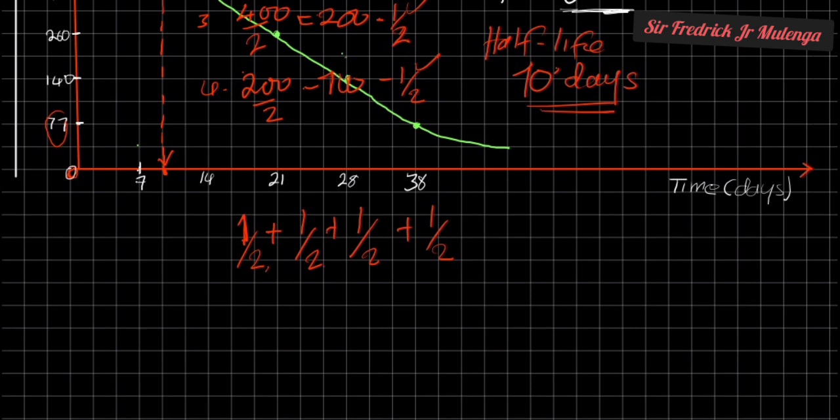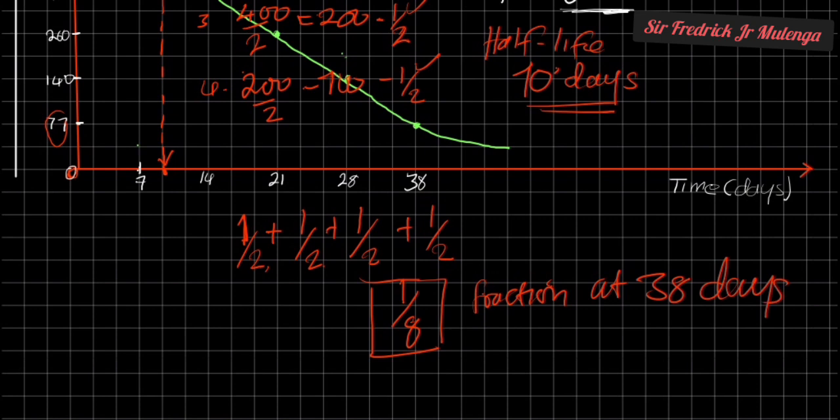So it is 1 over 8. That was the fraction left at 38 days. You just add all the fractions, then you get the fraction remaining. This is how far we can look on the graph and solve this.